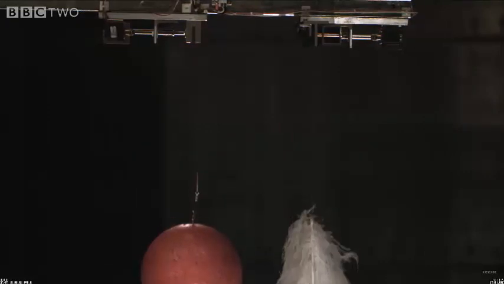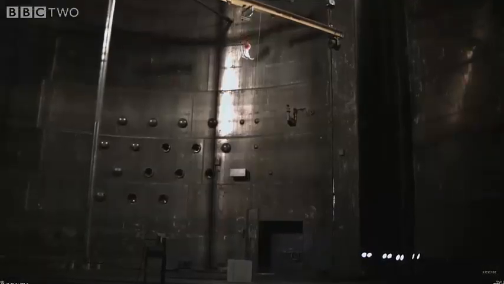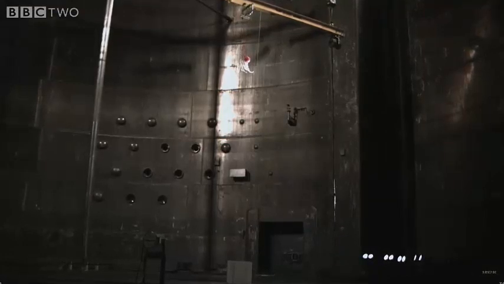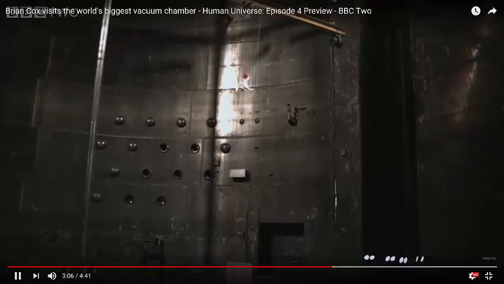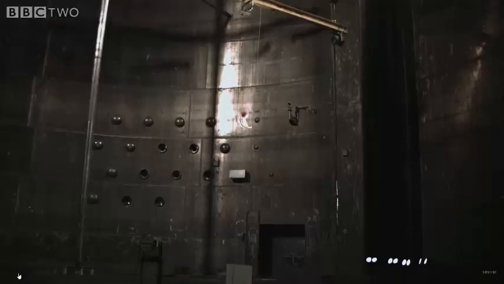Is this with all the air out? Look at how cool that is. The feather isn't fluttering or anything like that because there's nothing to make that happen. And watch when the feather hits the ground and bounces, like, violently.